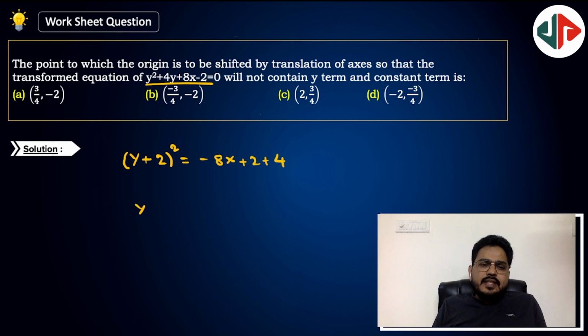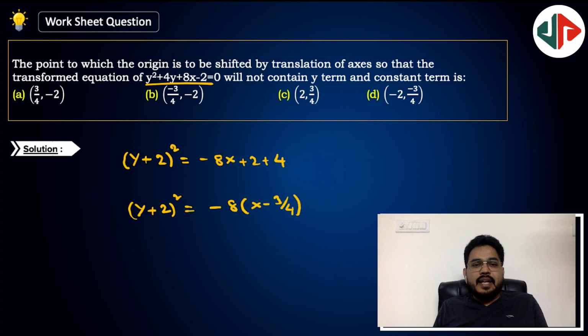So this is (y plus 2) whole square is equal to, if I take minus x common, this value will be x minus 3 by 4. So this can be written as capital Y square is equal to minus 8 capital X. Look here, there is no y term, there is no constant.